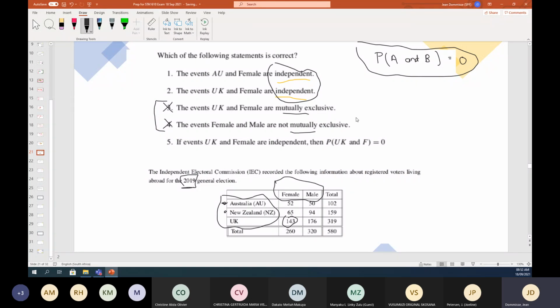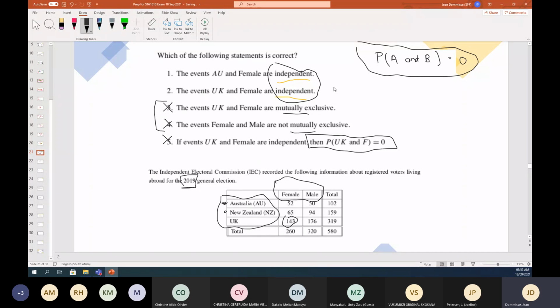So with independence, you normally need to work out a few things, but let's just look at the bottom one, UK and female. Okay, so here with that rule, they're talking about mutually exclusive, when UK and F is equal to 0. So you can see that's the mutually exclusive rule and not the independence rule.